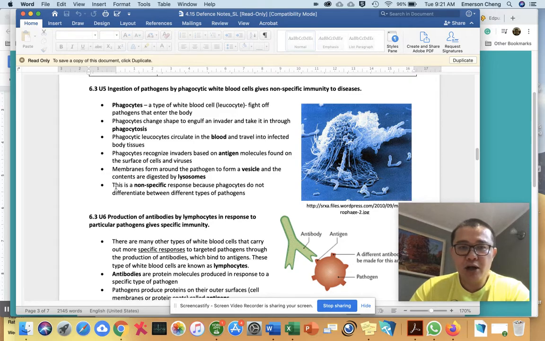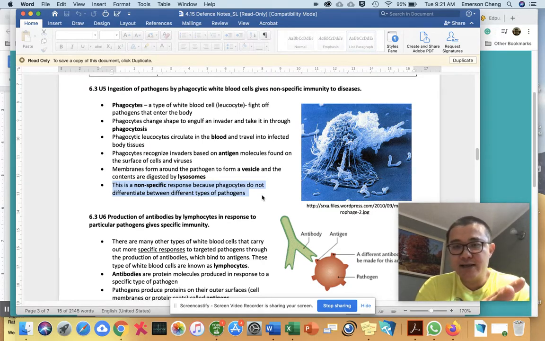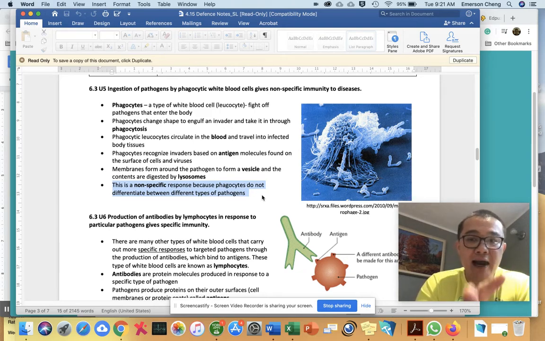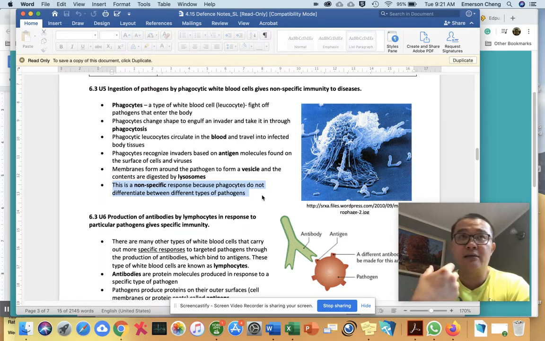Now, when we're talking about non-specific, as I said before, they don't care about what different type of pathogens. A macrophage might be ingesting an E. coli bacteria, a coronavirus viral particle, or, I don't know, a Staph aureus bacteria.